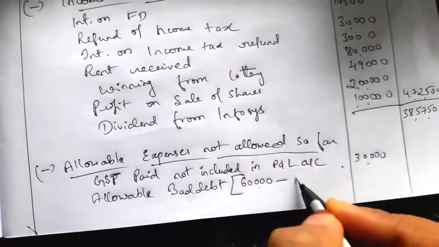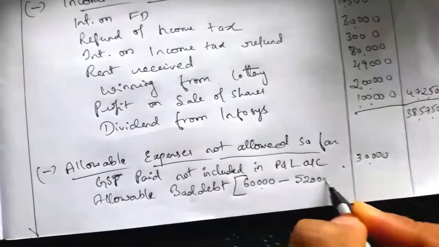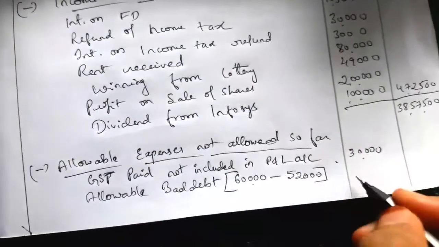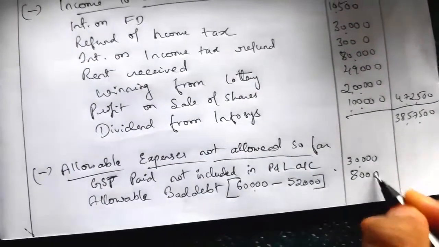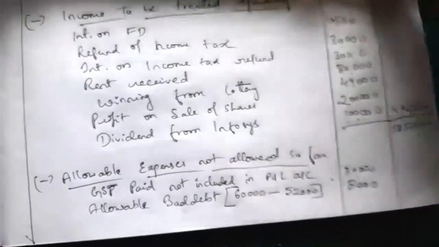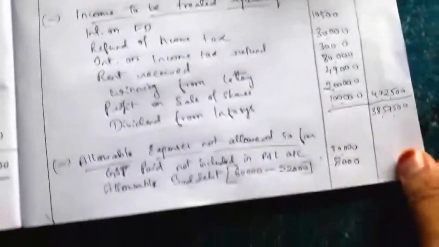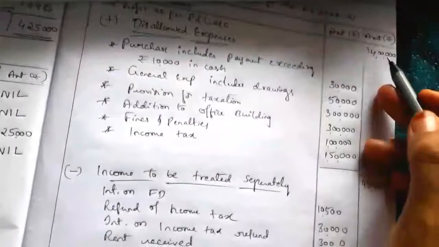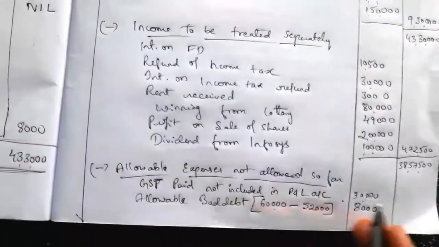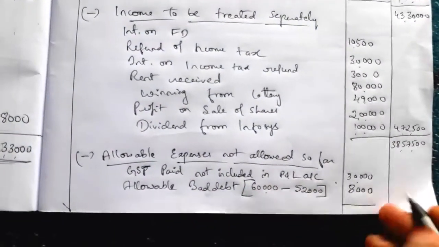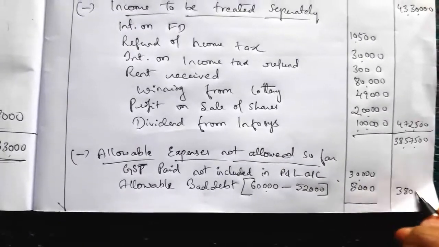In that they have recorded only 52,000, means remaining bad debts we have to record. So remaining bad debt is 8,000, we have to record to the profit and loss account. So to record it we have to deduct from net profit under the head allowable expenses not allowed so far. So the total is equal to 38,000.